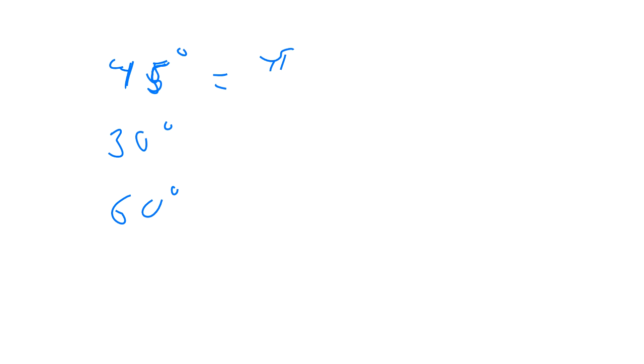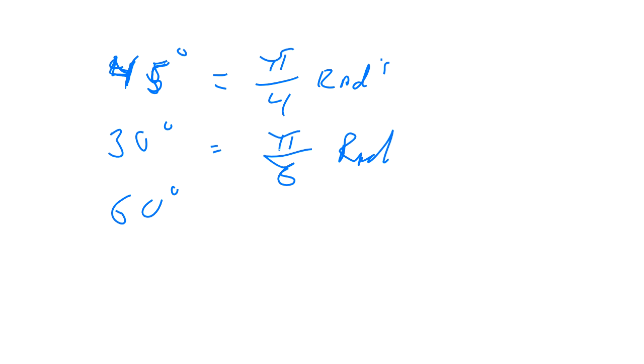Don't worry if you don't understand what radians means. Just know that 45 degrees is equal to pi over 4 radians. 30 degrees is equal to pi over 6 radians. And 60 degrees is equal to pi over 3 radians.